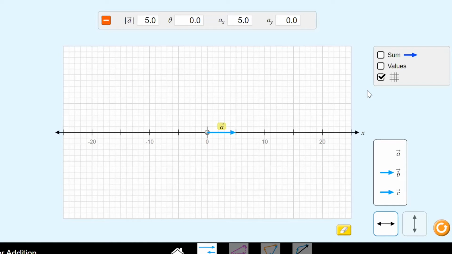So I choose another vector. This time I choose vector B. I put it here, but I want to show it in the opposite direction. Right now, if you look at vector B, again it's on the x-axis. Its x component is negative 11 and its y component is 0.